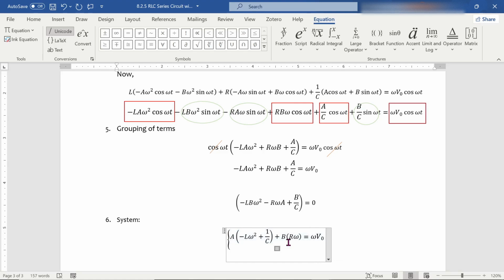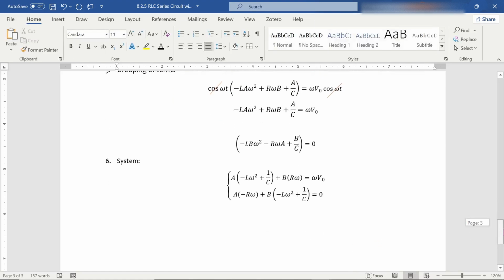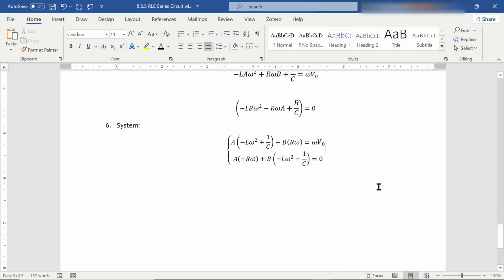And then for the second equation, we have A times negative R omega plus B times minus L omega squared plus 1 over C. I think, yes, this is correct. And this is equal to 0. So we have two equations and some unknown coefficients.